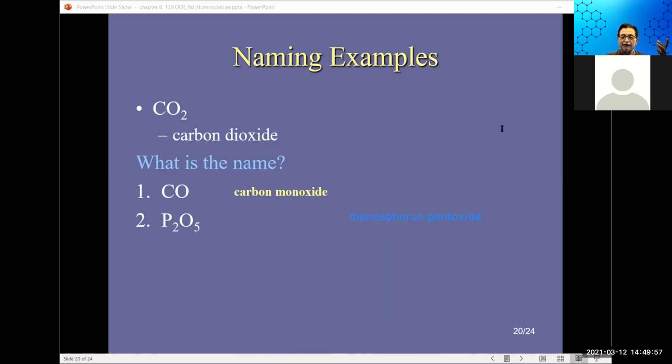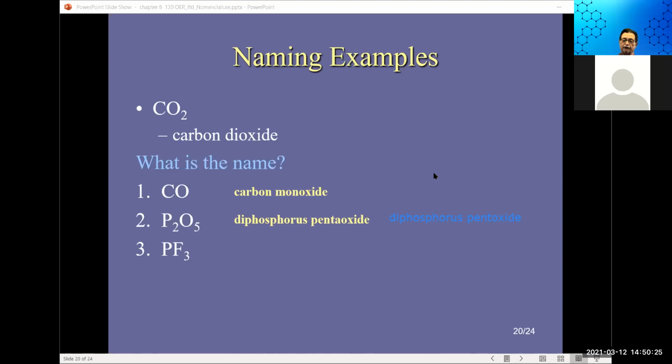So we end up with the name pentoxide. Here we forgot to drop the A. Either one, from my perspective, would be correct. Obviously, if your English teacher saw this, I'm sure the teacher would take off 30 points. All right, so let's do the next one.